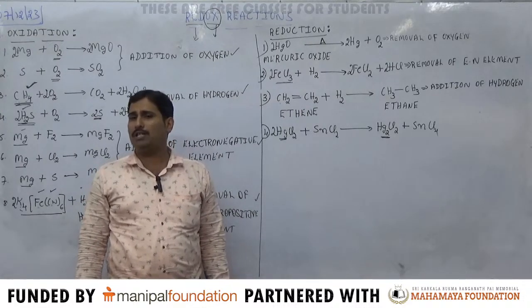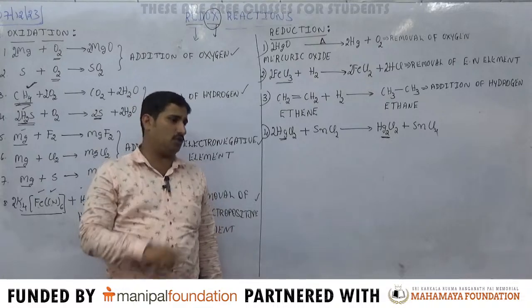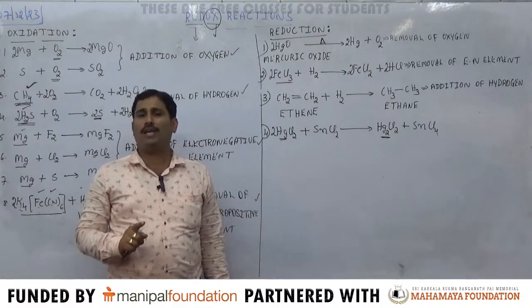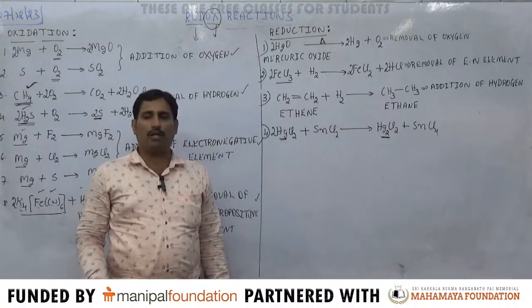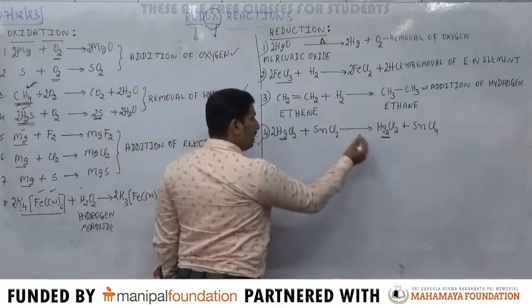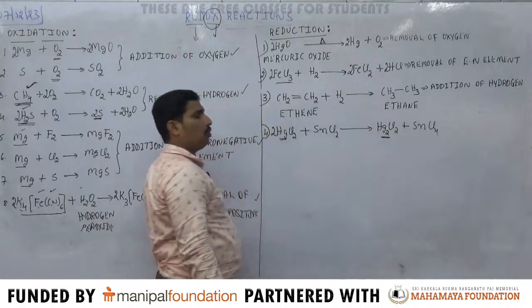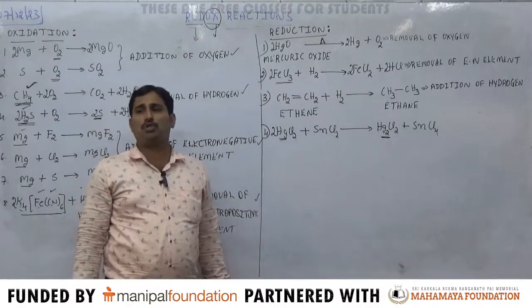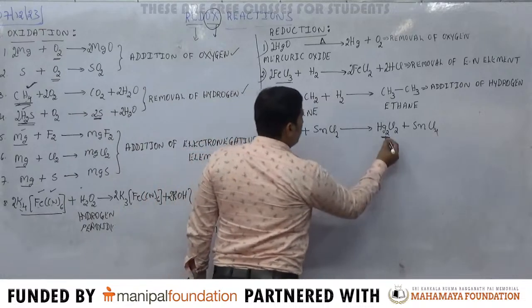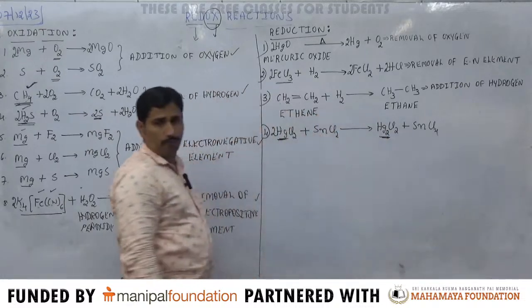The D block elements are known as transition metals. These are metallic in nature, and mercury is a liquid metal. So mercury is a metal, or it is electropositive in nature. So the electropositive element is added when Hg is becoming Hg2, right?